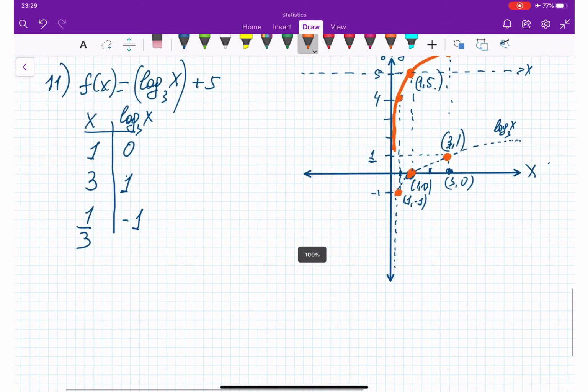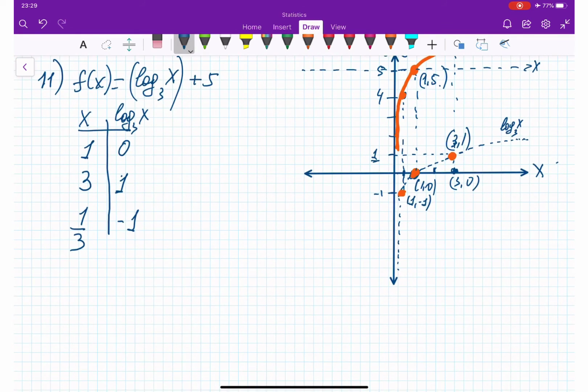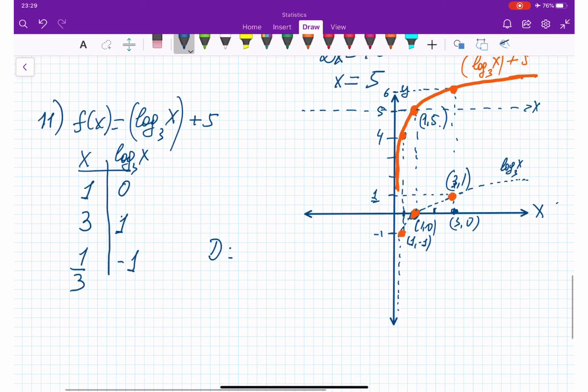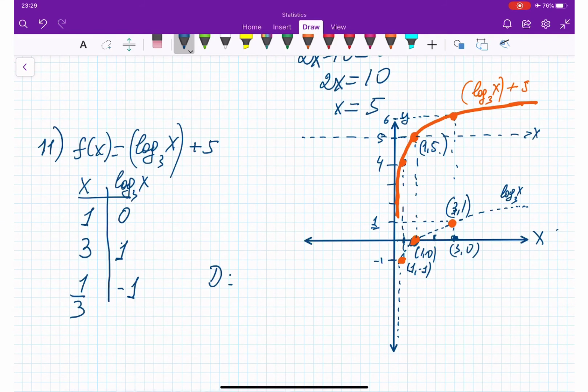So let's also identify the domain again. Practically everything is switching x with y. If you switch, then instead of an exponential graph, you will get a logarithmic graph. Because in the case of the exponential graph, we had a domain all the way from negative infinity to positive infinity. Then in this case, the range is going to be from negative infinity to positive infinity.